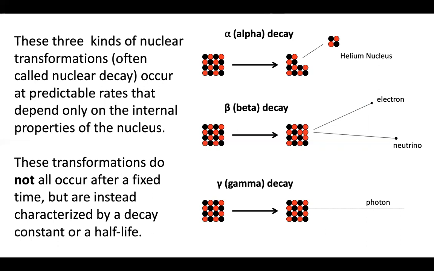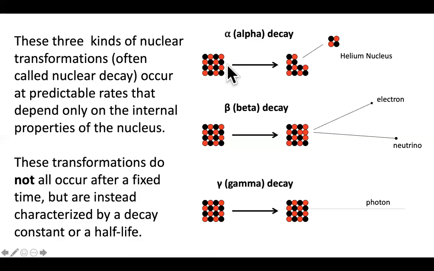So these being things that are internal to the nucleus means that they behave the same under most conditions. But an important thing to understand is, in spite of that, it is not the case that all of these transitions take the same time to occur.